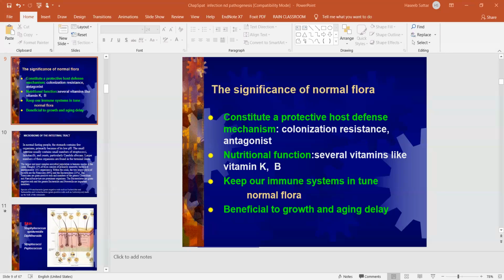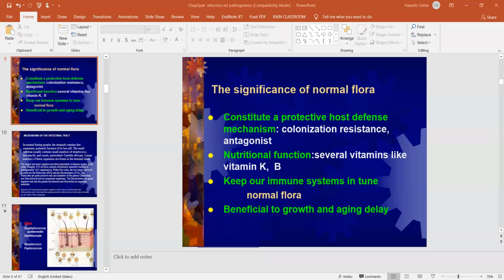So in our body, these microbiomes help us to develop certain immunomodulatory antibodies. For example, the microbiome or normal flora of our gut helps us to develop gut associated lymphoid tissue.